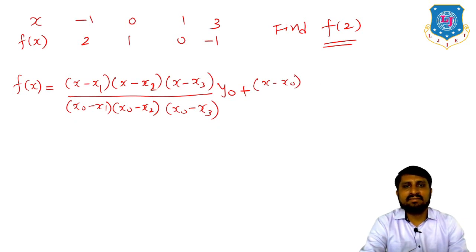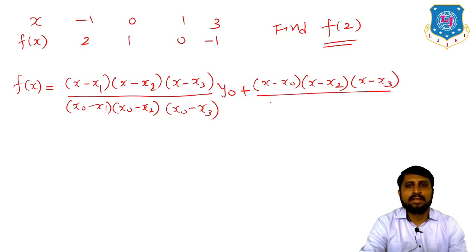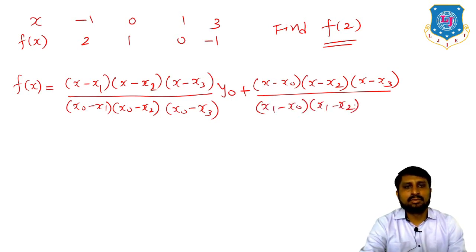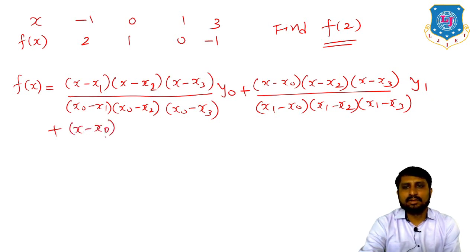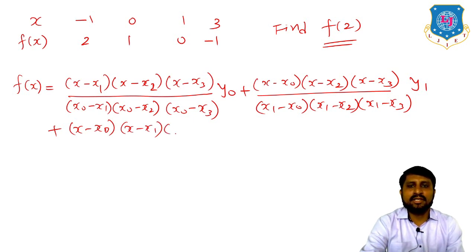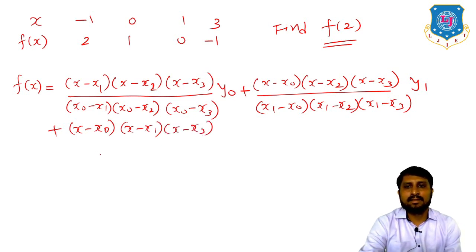it is. Now x minus x1 is missing, so x minus x2, x minus x3 upon x1 minus x0, x1 minus x2, x1 minus x3 into y1, okay, and plus similarly x minus x0, x minus x1. In the third term, x2 is missing in the numerator, so x minus x3 upon, instead of x, x2.